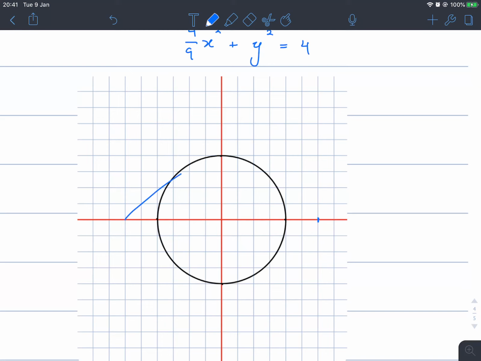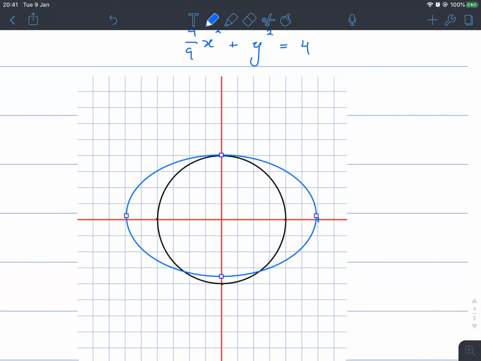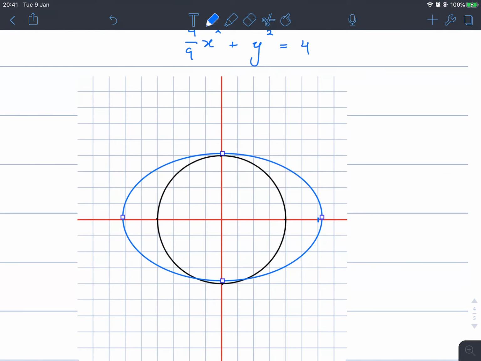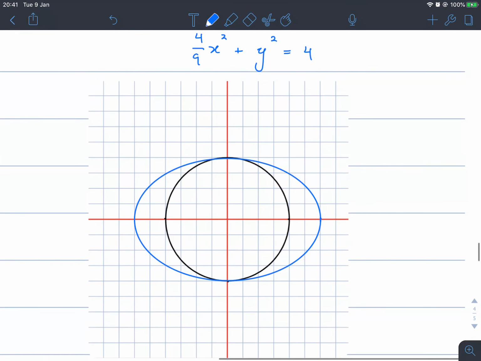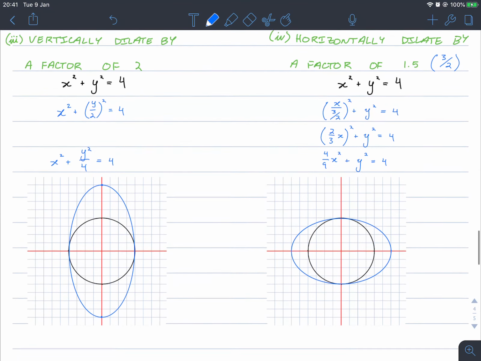So drawing this out as an oval. Don't worry, hopefully my computer will do it for me. Let's rotate this a little bit. Adjusting this and adjusting this. And that is what a dilation will look like horizontally and vertically of a circle.